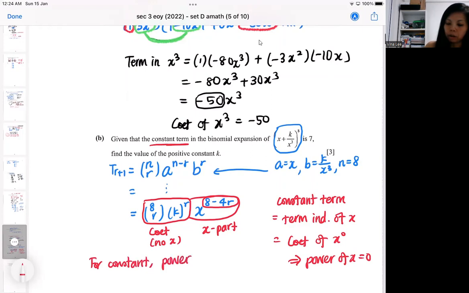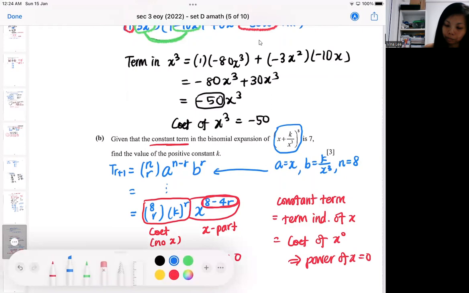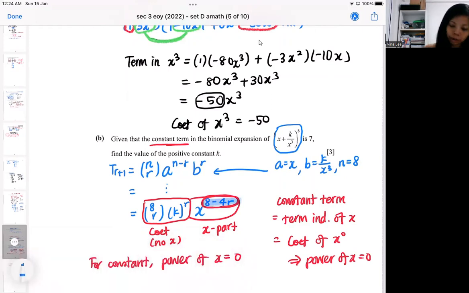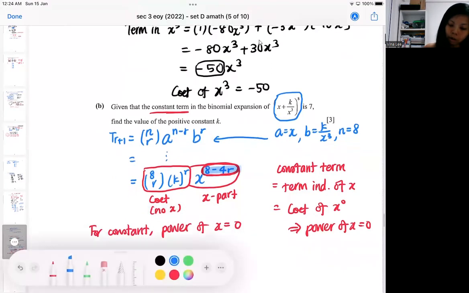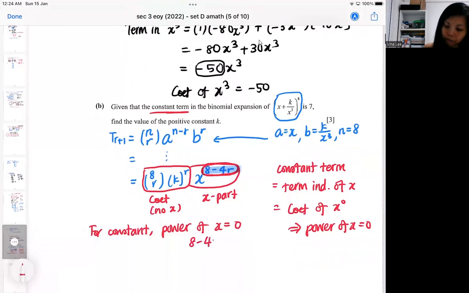So where is the power of x in your general formula? This part is the power of x. So you set the power of x to 0, you will get an R value.